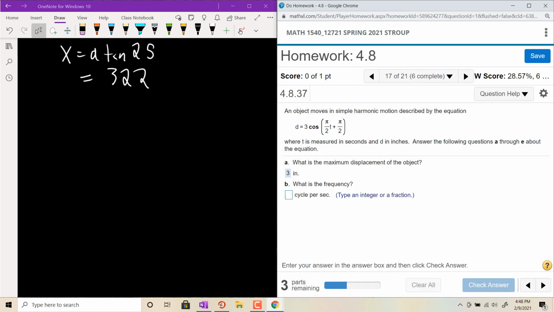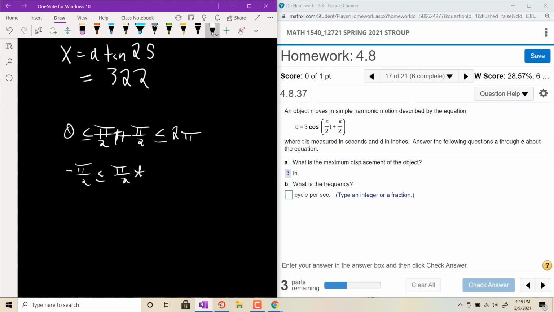What's the frequency? So here it's a little more complicated, right? So it's pi over 2 t plus, there's kind of like that shift going on. There's a period shift. Or a phase shift, not period shift. Okay, so I'm going to subtract pi over 2 from all three sides. And then multiply everything by 2 over pi.